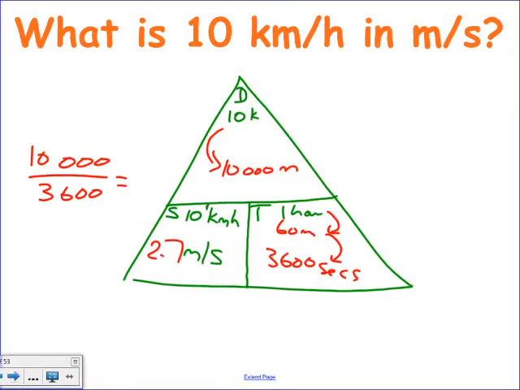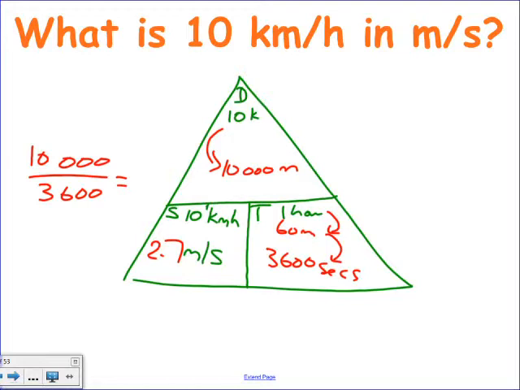2.7 metres per second. So I've converted kilometres an hour into metres per second using Pete's new fancy speed distance time triangle. Does that make sense? We started off with our original 10 kilometres an hour. It means every 10 kilometres I do 1 hour.